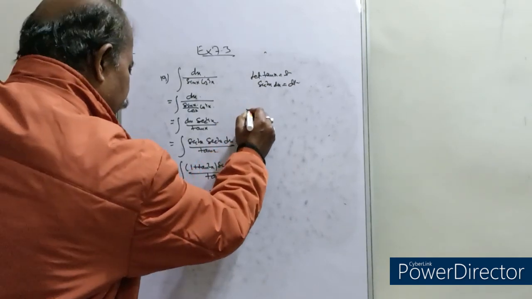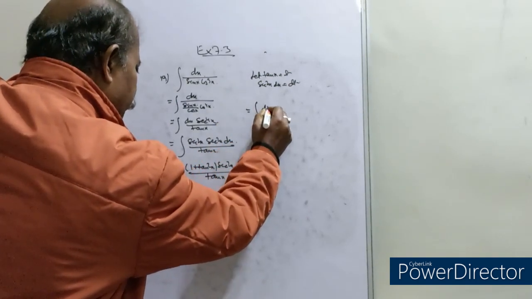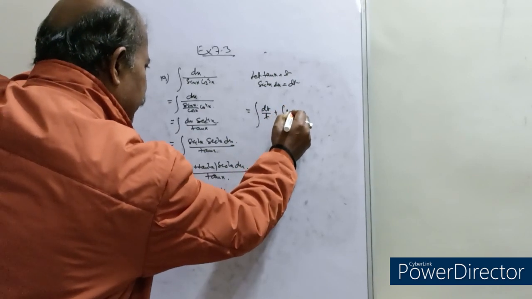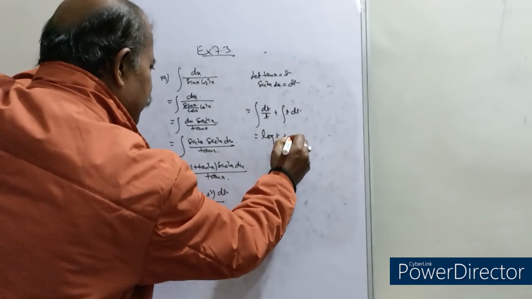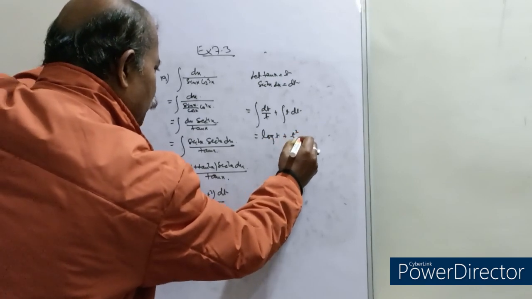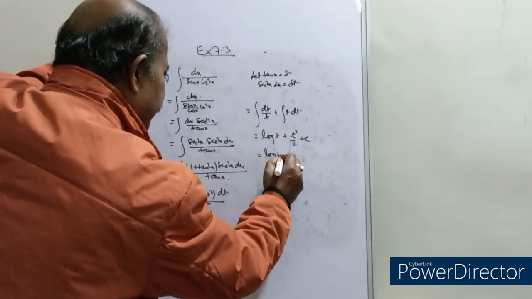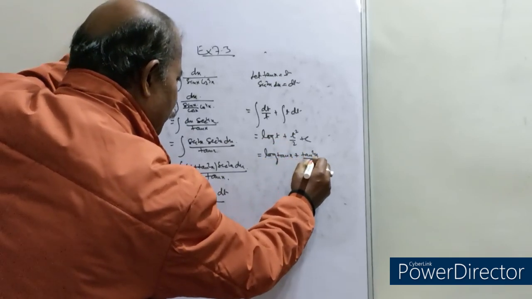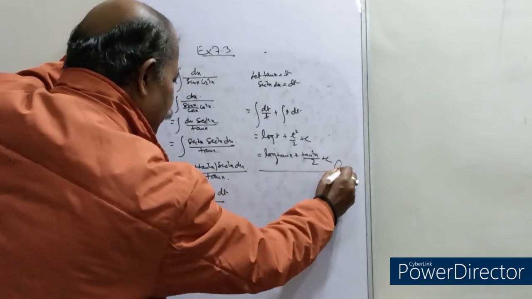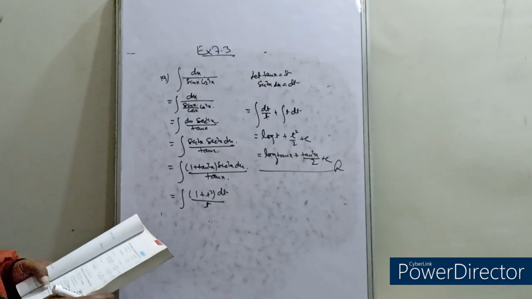So this becomes dt by t plus t dt. So this is equal to log t plus t square by 2 plus c. So this is equal to log of t, that is tan x, plus tan square x by 2 plus c. This is your answer. Let's check the answer.